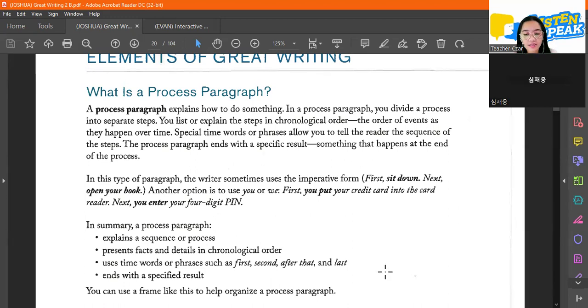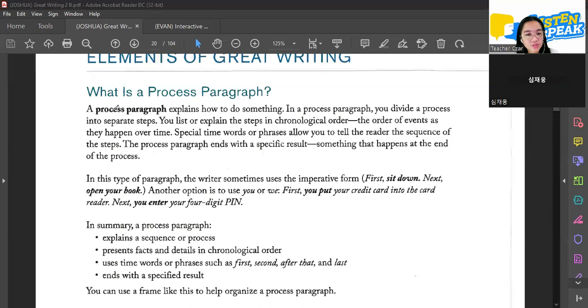Yes, right. As you said earlier, a process paragraph explains how to do something. Meaning in this paragraph, there is a process, and it is divided into separate steps, like for example, how to bake a cookie or how to bake a cake.